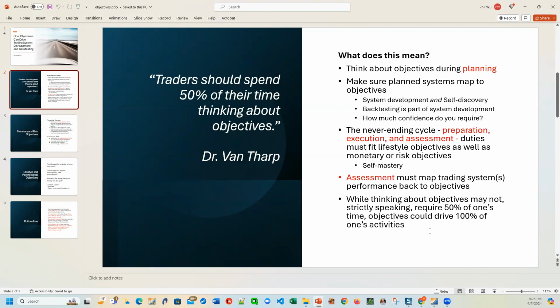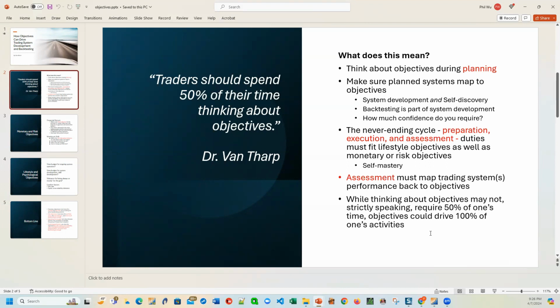There are also objective implications for the rest of the trading paradigm per Ken Long: preparation, execution, and assessment. Those are ongoing duties in a never-ending cycle, and they need to fit your life cycle objective. If your life cycle objective is to lay on the beach 9 months out of the year, then you can't be a day trader.